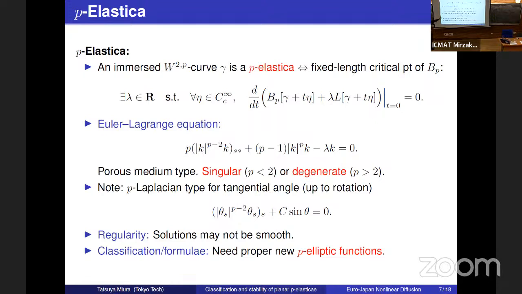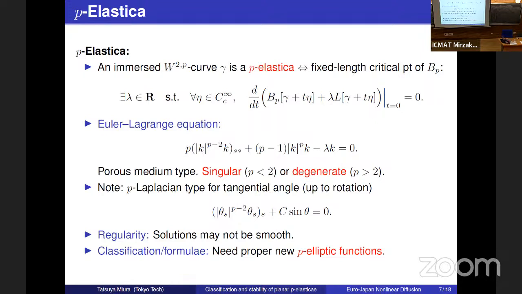Now I would like to point out an interesting fact that here, in terms of curvature, you have a porous medium type nonlinear diffusion. But from the same problem, we can also derive a different form of the equation, involving p-Laplacian type nonlinear diffusion. I'm not sure why this occurs, but anyway, for me, this looks a little bit interesting. Okay. But anyway, we have a nonlinear diffusion term here.